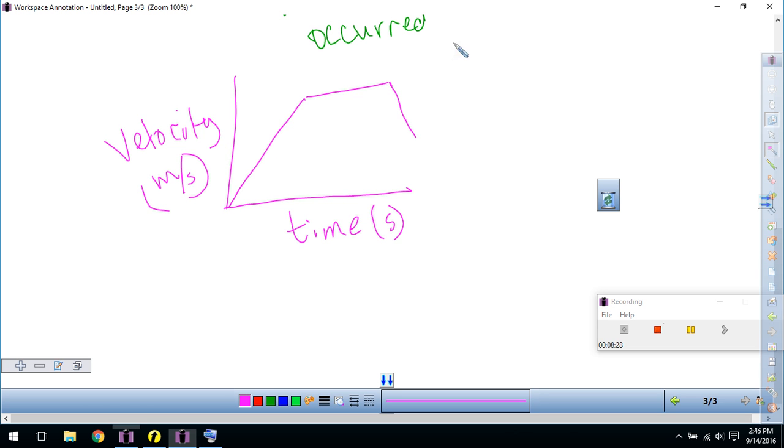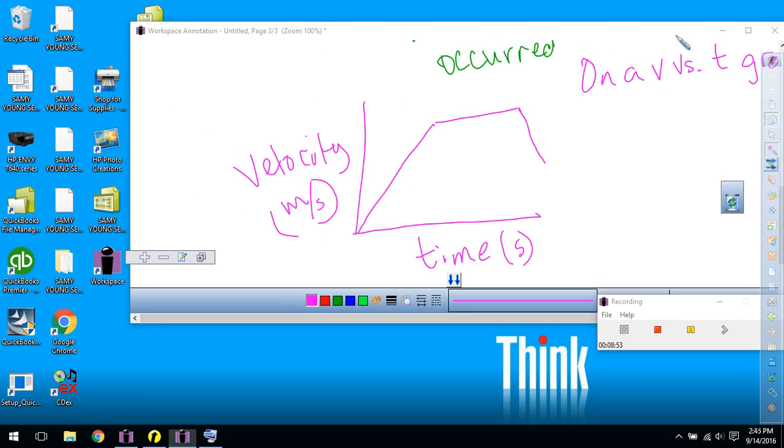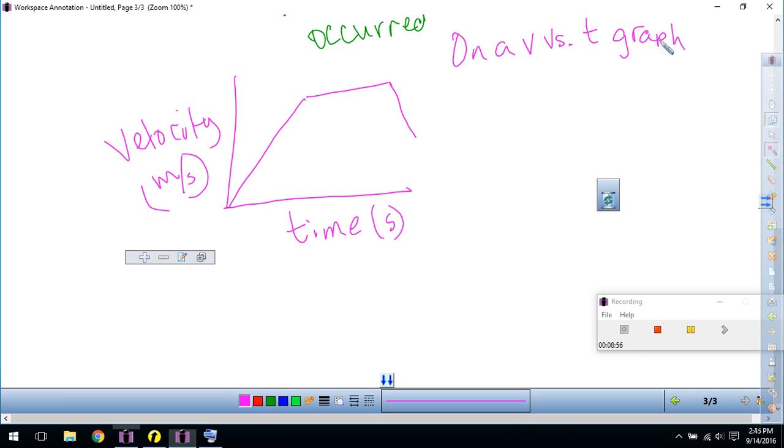Okay, so on a velocity versus time graph, several things are important. Direction is important. Slope is important. And then area under the curve is important.